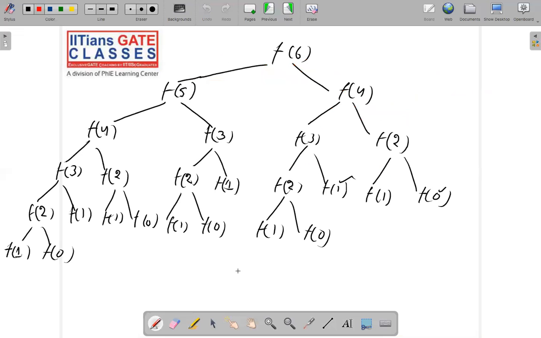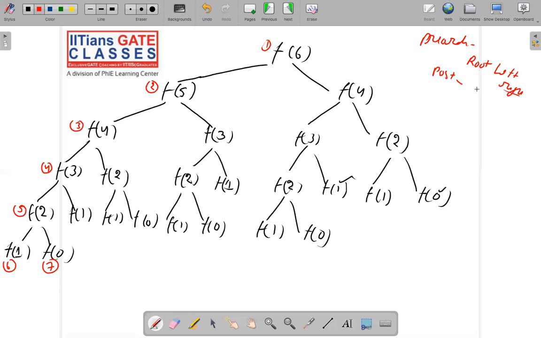Okay, so let's see. What is the pre-order? First this one, then this one will be called, then this one will be called, third, fourth, fifth, sixth. Then this one will be called seventh. What is pre-order? Root, left, right. This is pre-order. What is post-order?